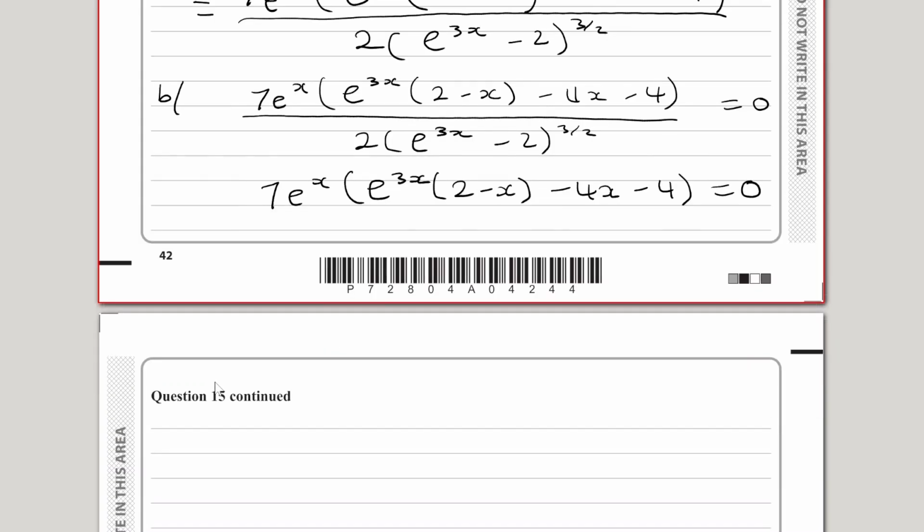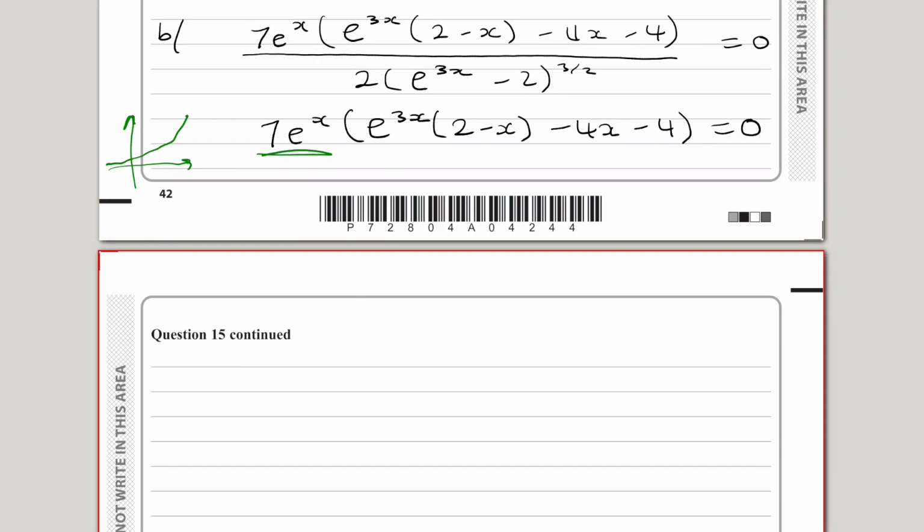And we can also get rid of this 7e^x, our exponential function, because 7e^x can never equal 0. So that can go. So in order for this function to be equal to 0, it must be the e^(3x) times (2 minus x) minus 4x minus 4 part that's equal to 0.